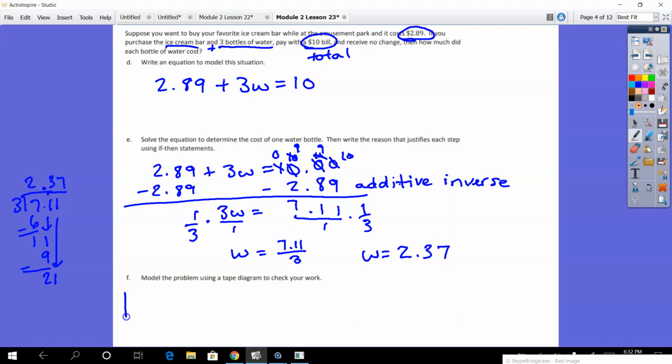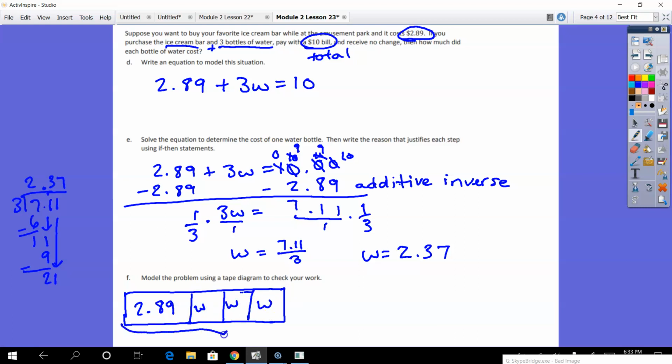Model to check your work. Okay, so the ice cream was $2.89, plus we were buying 3 bottles of water, giving me a total of $10. So when I add 2.37 3 times and the 2.89, I should be getting $10.